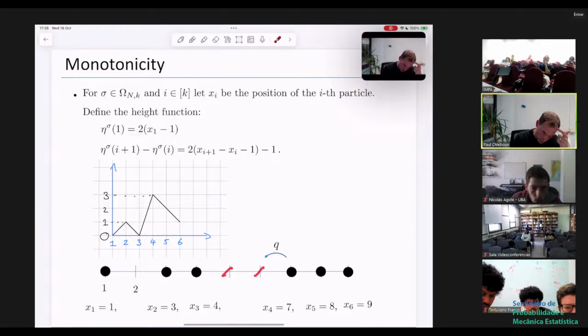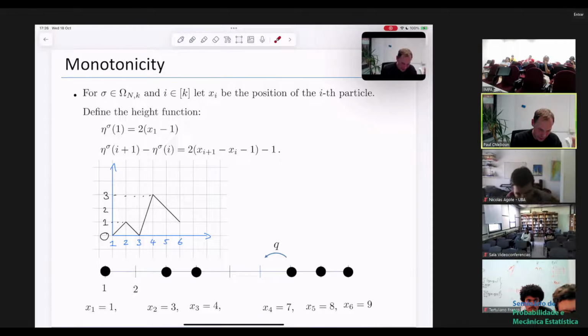If there are 3 empty sites, then we go up by 3. That is because, okay, the number of empty sites, sorry, if there's 2 empty sites, we go up by 3. Right? It's twice the number of empty sites minus 1.